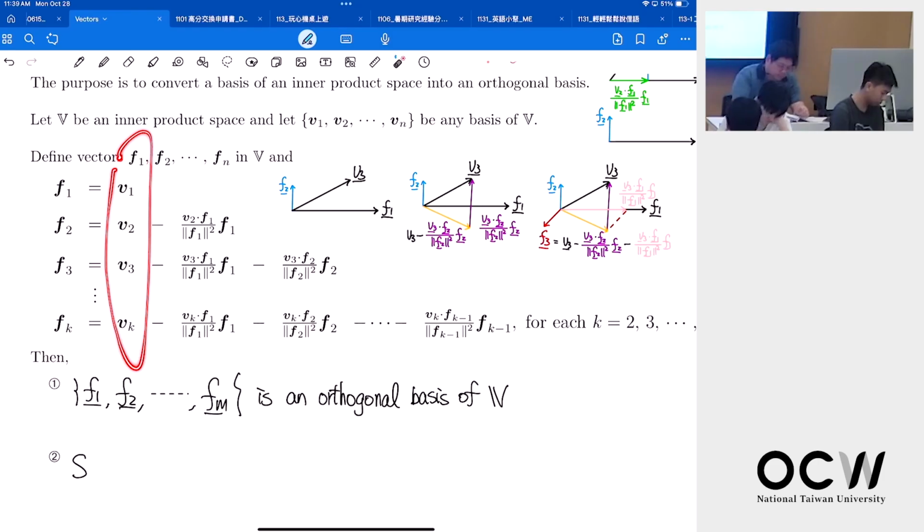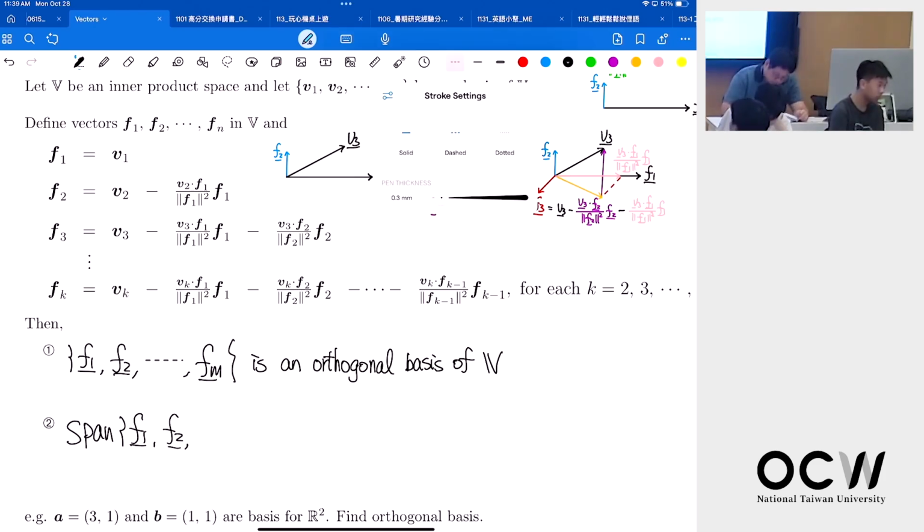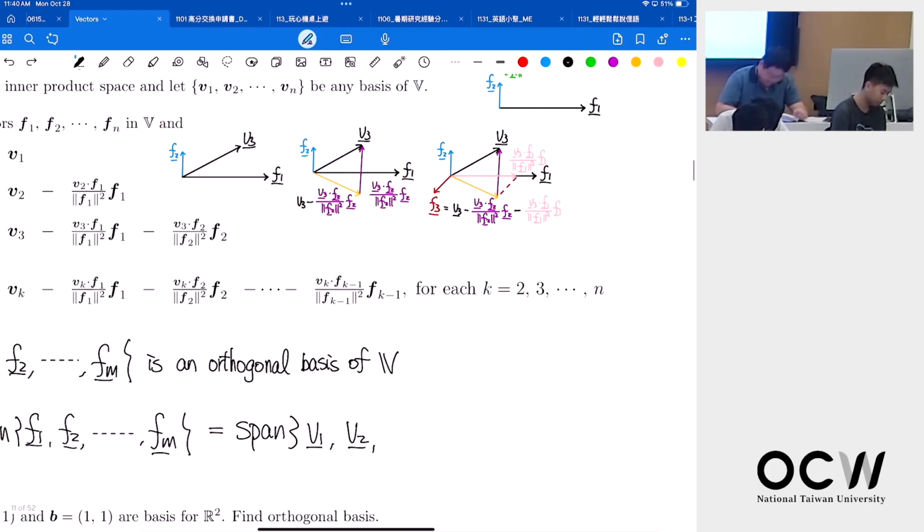They are the same. So we say that the span of F1, F2 to Fm will also be equal to the span of V1, V2 to Vn.